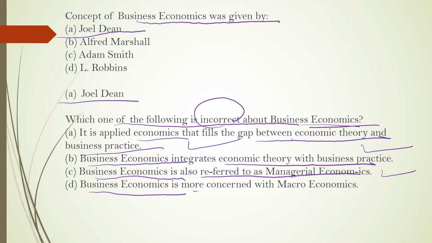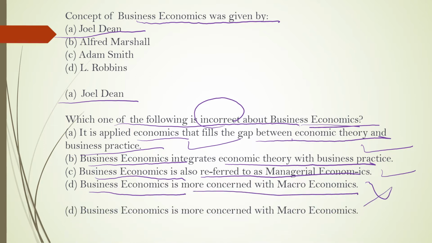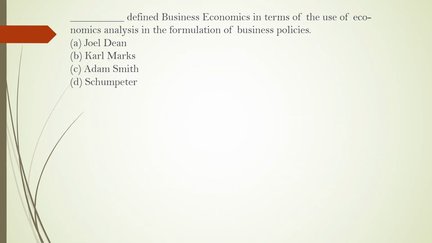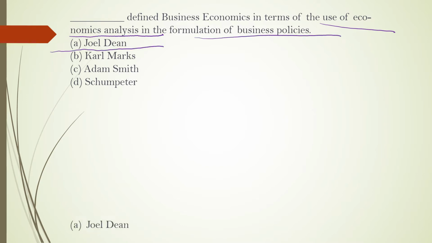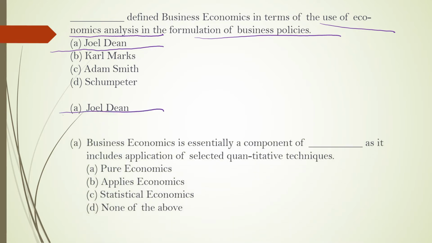Business economics is more concerned with macroeconomics, no. So the incorrect answer is that business economics is more concerned with macroeconomics. Blank defined business economics in terms of the use of economic analysis in the formulation of business policies, that is Joel Dean. Right answer is Joel Dean.